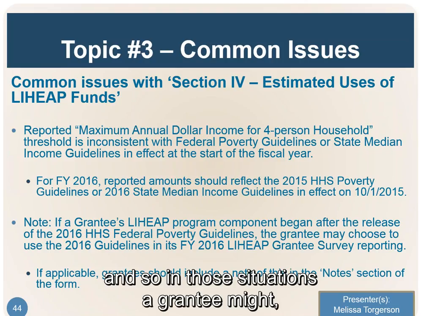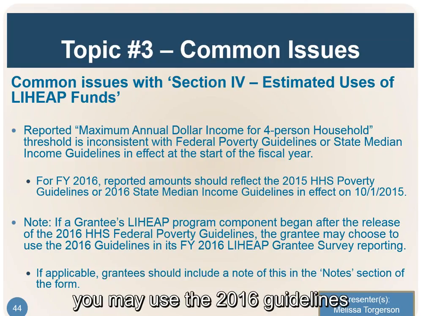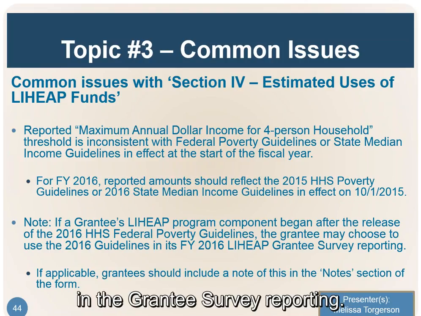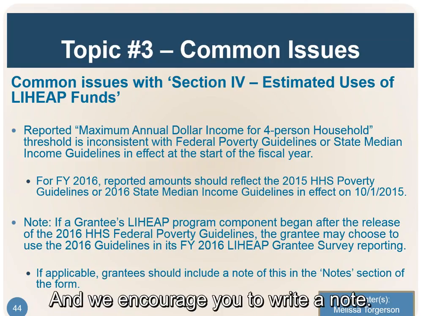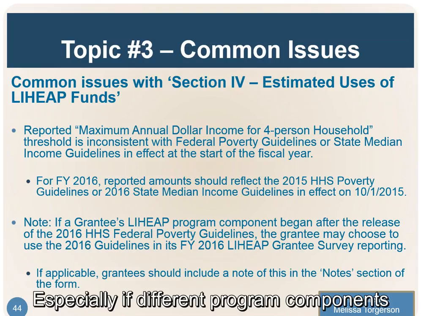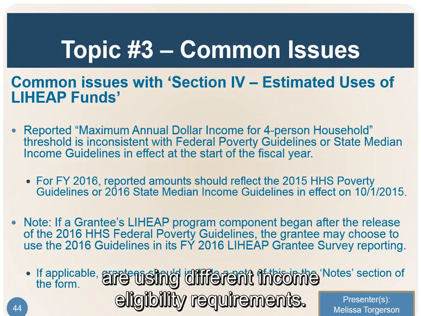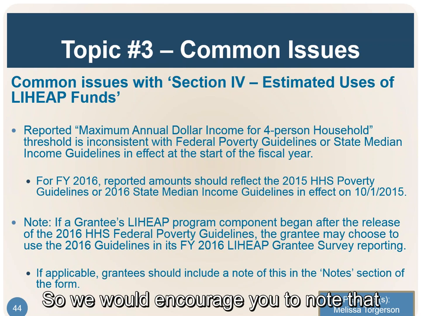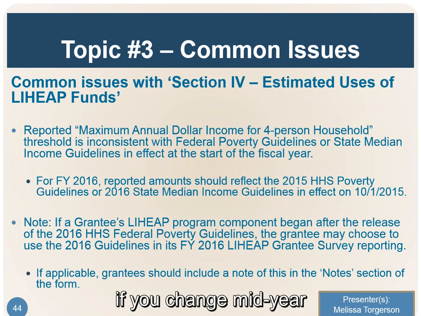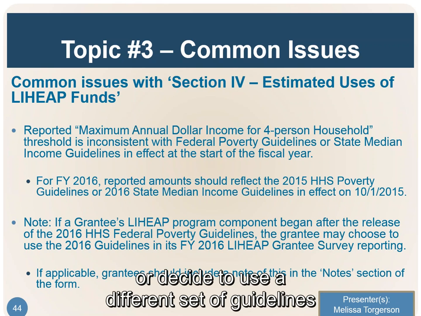And so in those situations, a grantee may use the 2016 guidelines in the grantee survey reporting. And we encourage you to write a note, especially if different program components are using different income eligibility requirements. So we would encourage you to note that if you change mid-year or decide to use a different set of guidelines in the middle of the year.